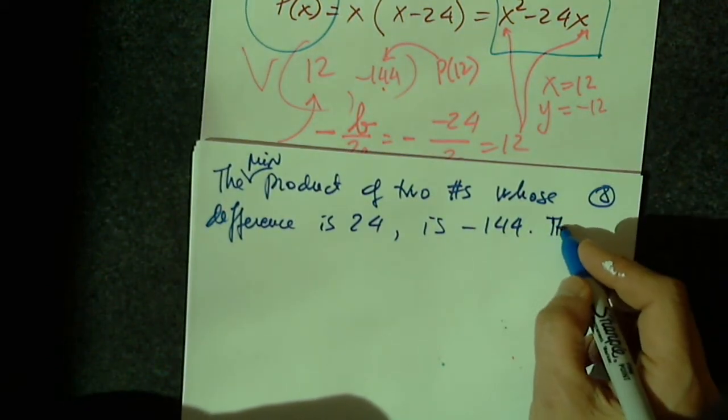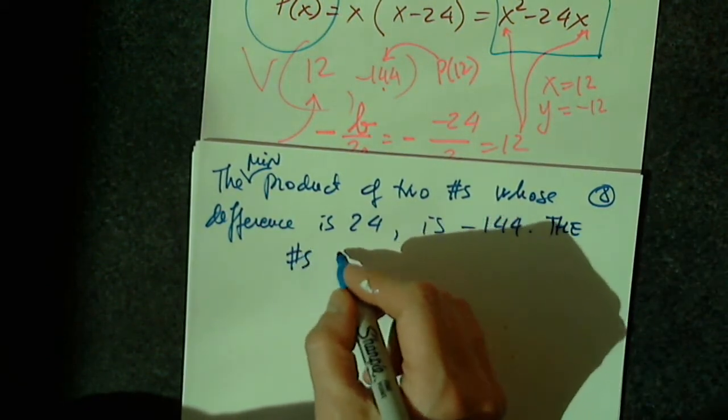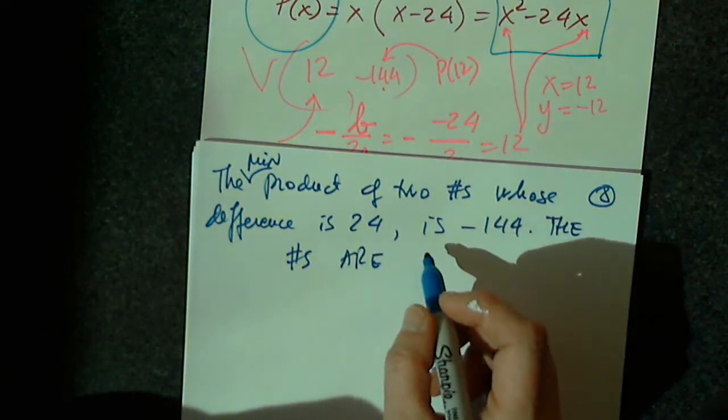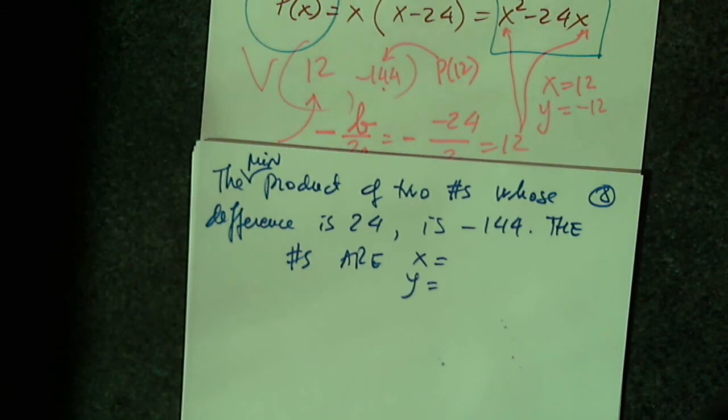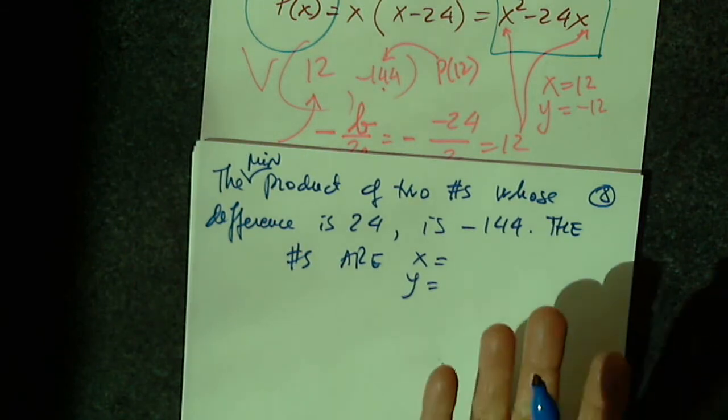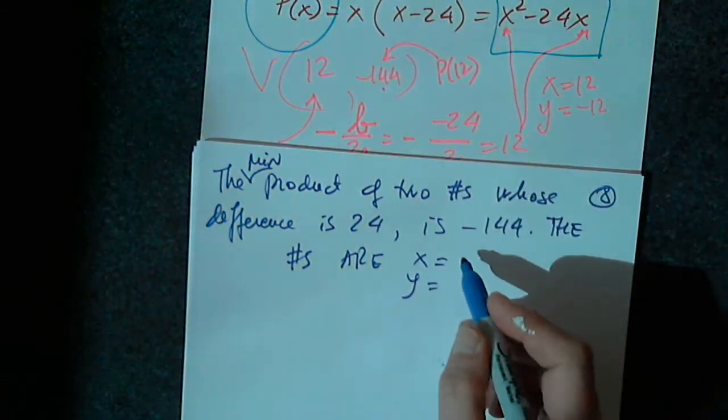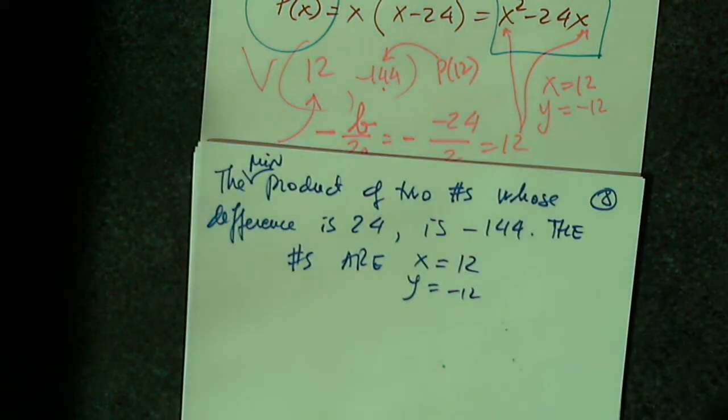The numbers are, can anyone give us the numbers? The numbers are 12 and negative 12. And the minimum product is 144.